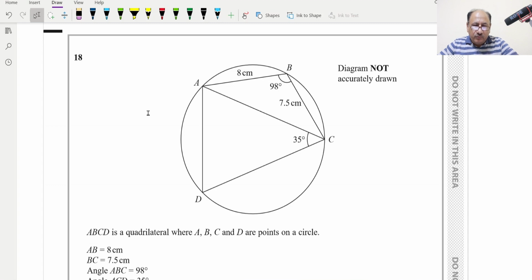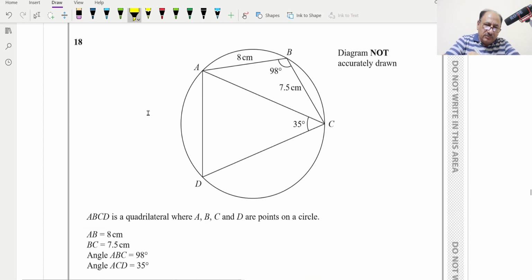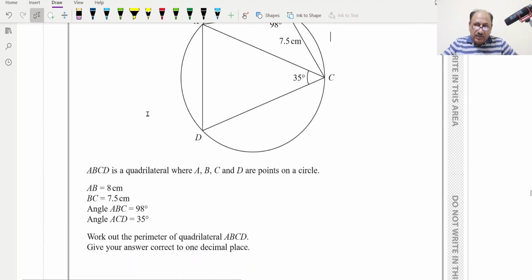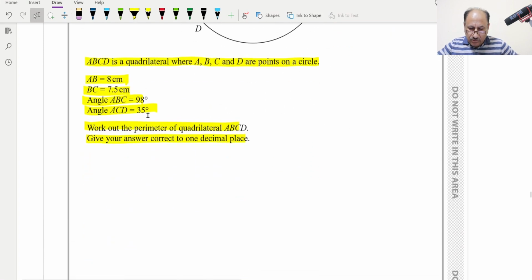Now we can move to question number 18. Question number 18 says they have given a circle, diagram not accurately drawn. ABCD is a quadrilateral where A, B, C, D are points on the circle, so it is a cyclic quadrilateral. AB is equal to 8, BC is given, and these two angles are also given. Work out the perimeter of the quadrilateral ABCD, correct to one decimal place.